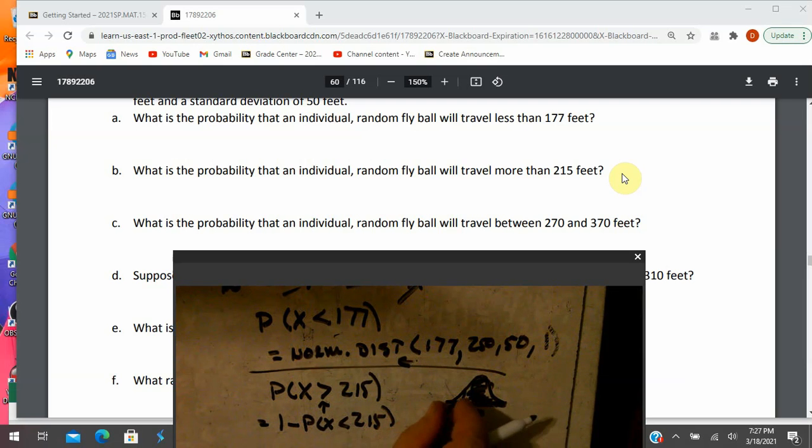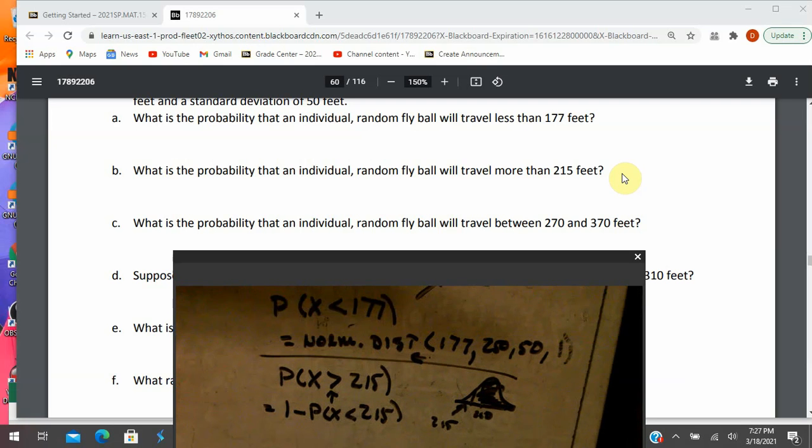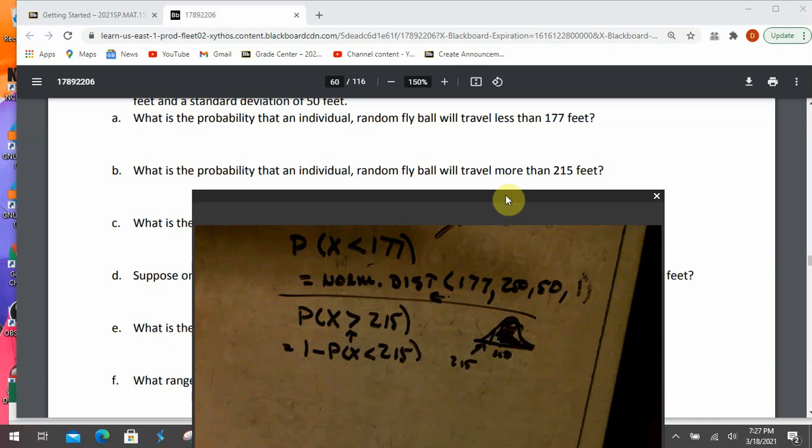I'm going to subtract this little bit to the left, and that's going to give me the area to the right. So I would just go equals 1 minus norm.dist, 215, 250, 50, 1. And it would look like this in Excel if I pull up my Excel.